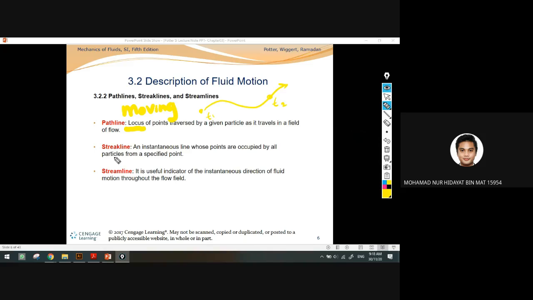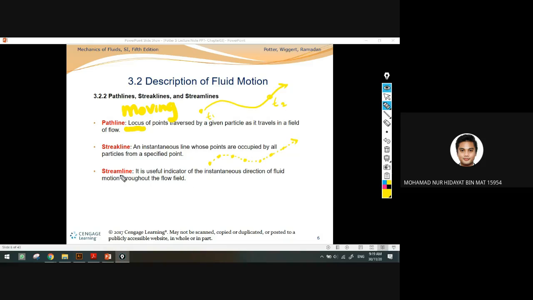And secondly, the streak line we call the instantaneous line, whose points are occupied by all particles that passed through a specified point. For example, this is the first fluid particle, this is the second, this is the third, this is the next. So this is what we call the streak line. We measure the individual particles.